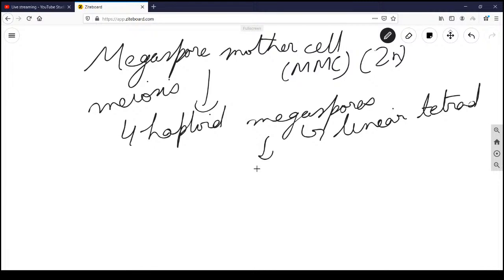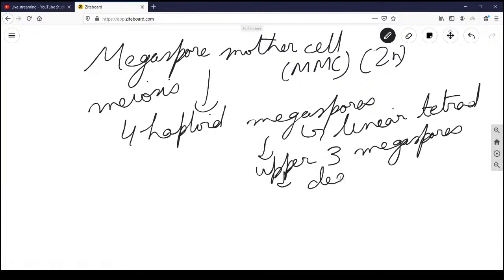So write it down. The upper 3 megaspores have usually been seen to be degenerating or dying.